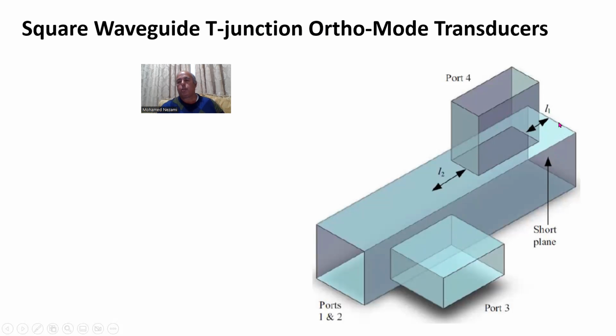Of course, in the back end it is shorted in here, and this is a quarter wavelength at the center frequency, the distance between this opening and the back end short, just like we did in my other videos on waveguide to microstrip transitions. Likewise in here, exactly the same. So from the center point in here to this point here, that's the wavelength dimension at the center frequency. This one is simple to design, and I may do another video where I can illustrate the design of this and model using HFSS in the future. So look for that.